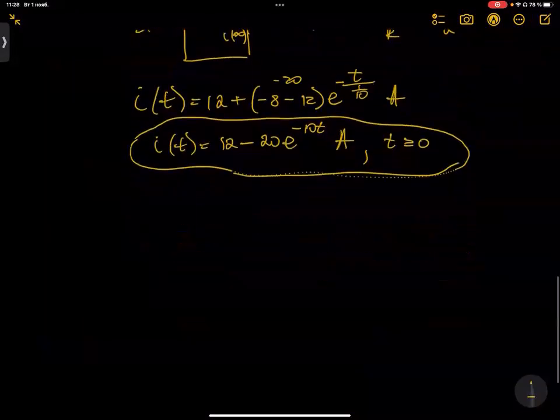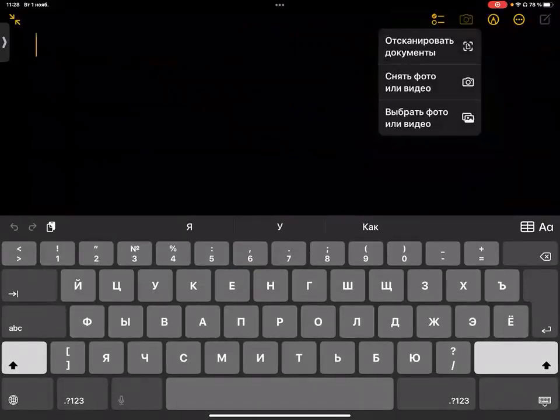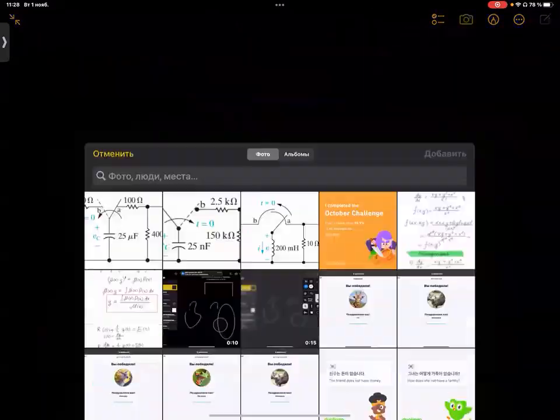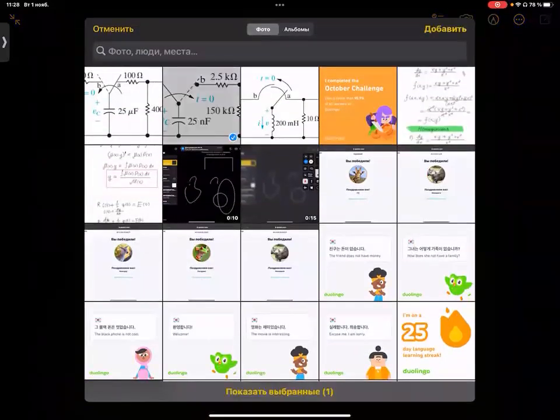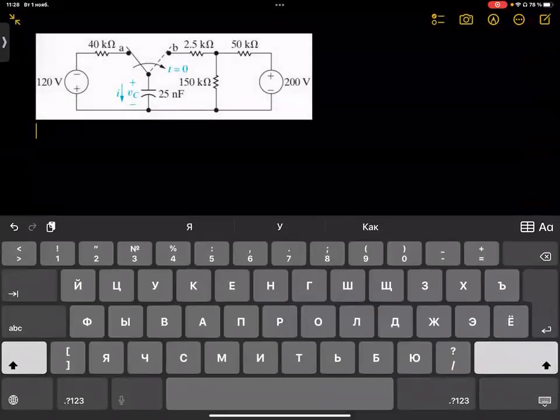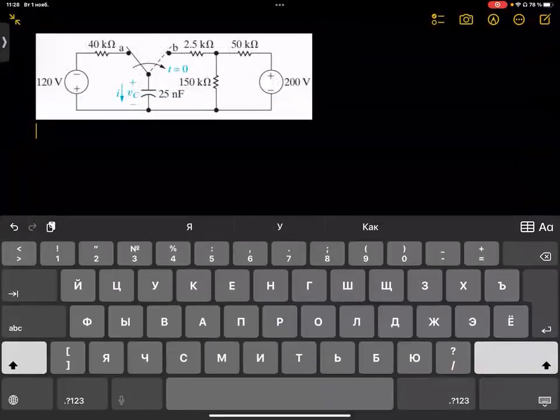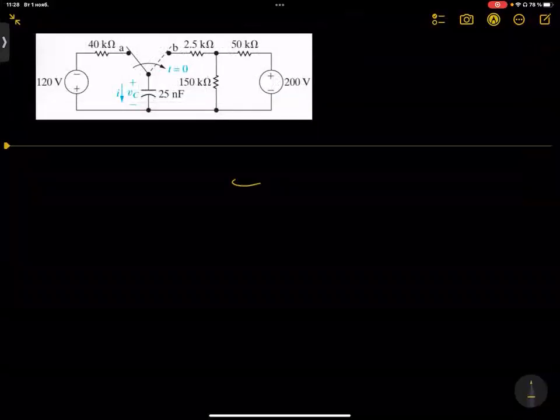So now let's consider the case of an RC circuit. The algorithm is pretty much the same.